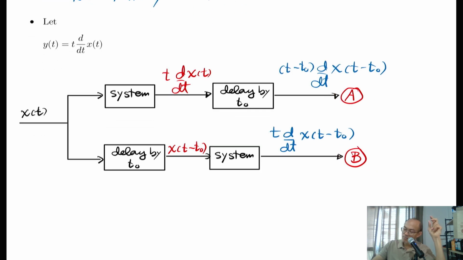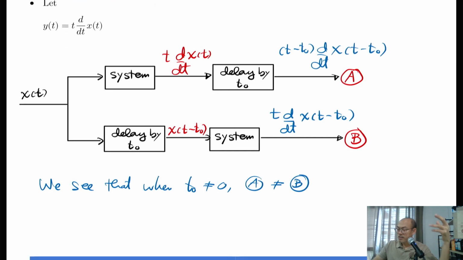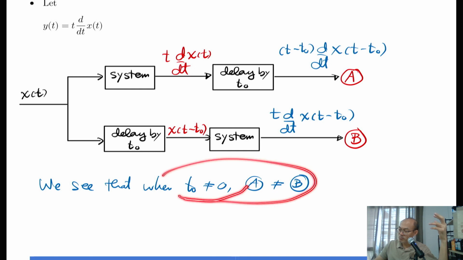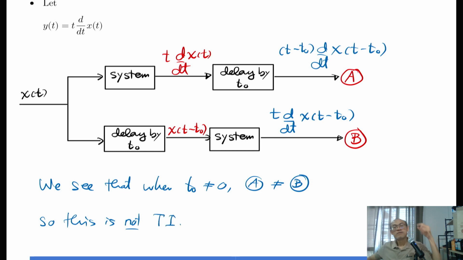So when t0 is not 0, a is not equal to b. This system is not time invariant.